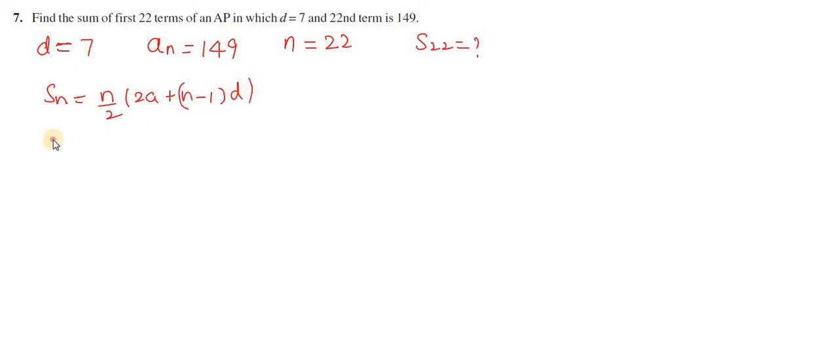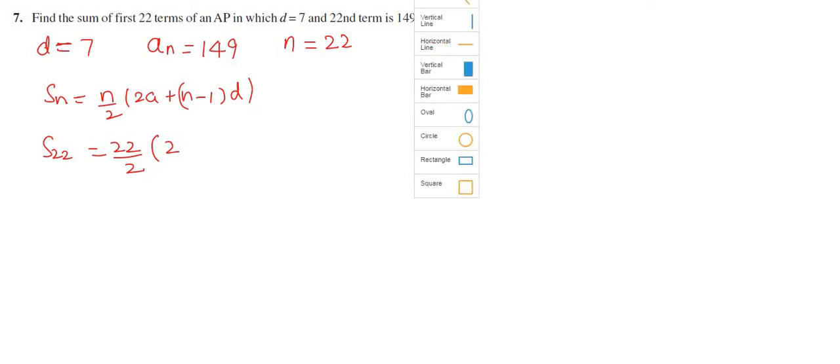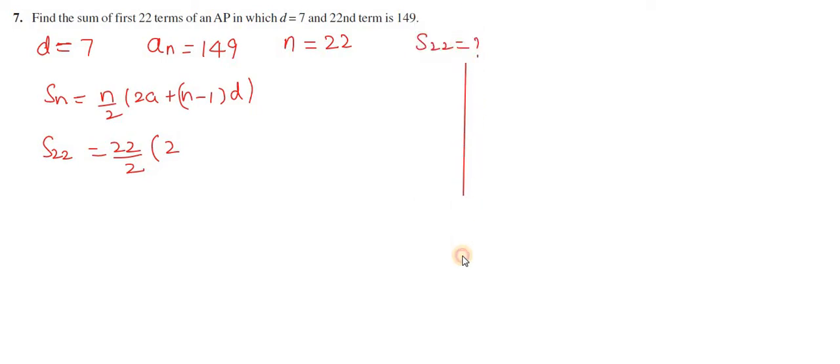So S22 is equal to n value 22 divided by 2 into, what is the a value? We don't have the a value now, so we need to find it. How to find the a value? Keep it aside, we'll find the a value on this side.